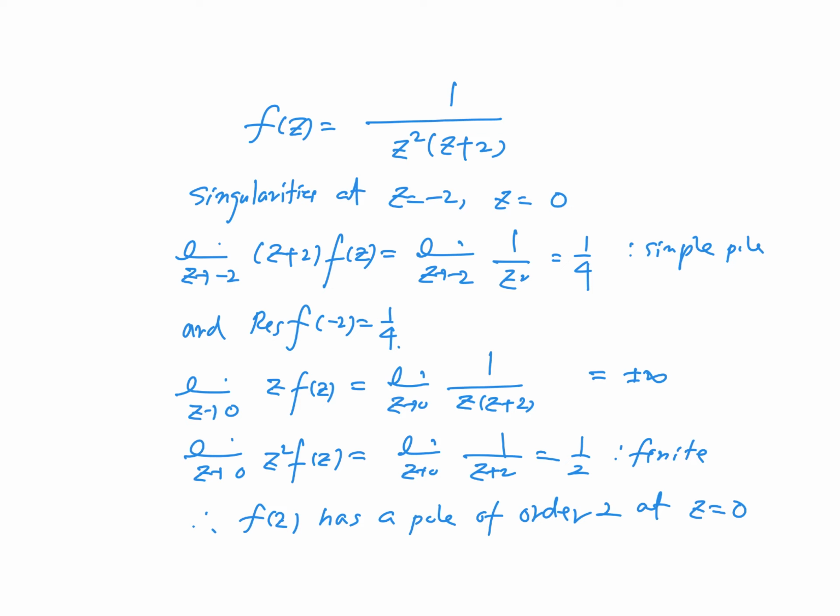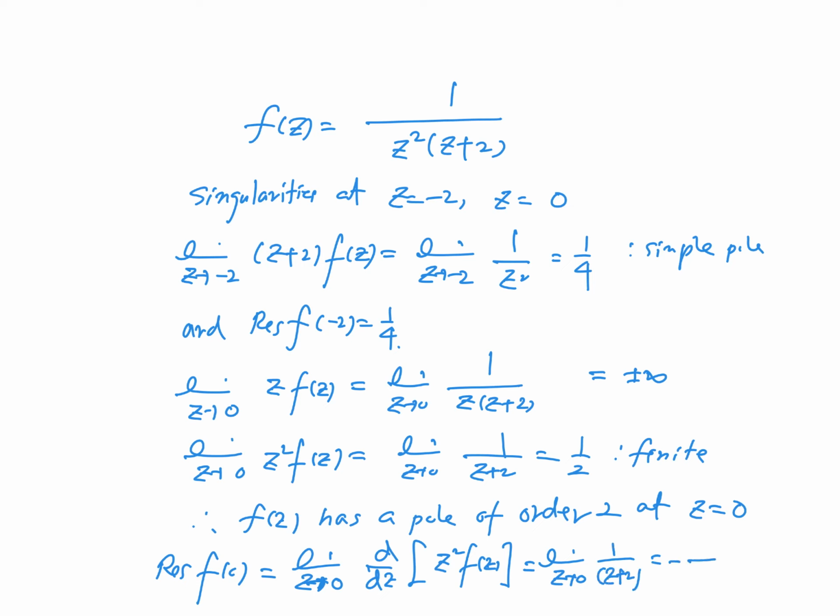But what about the residue? You need to differentiate. So the residue of f at 0 is the limit as z approaches 0 of d/dz of z squared f(z). So this limit as z goes to 0 of the derivative of 1 over (z plus 2) is minus 1 over (z plus 2) squared, which is minus 1 over 4. So that's your residue.